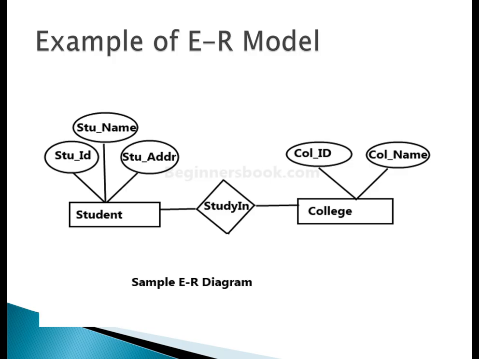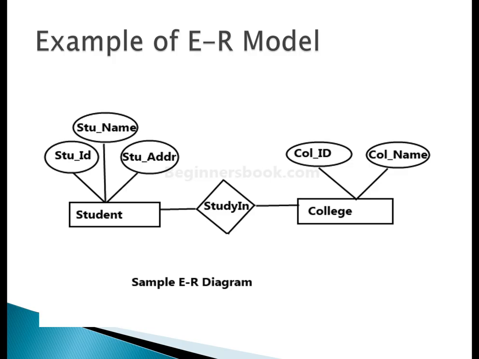Now, when we represent many entities and we show the relationship among these entities, that is called as ER model. In this example, we will see there are two entities, student and college. While representing this ER model, we have some specific symbols. For example, entity is represented by rectangle symbol. Attributes are represented by this oval shape, and the relationship is represented by the diamond shape.